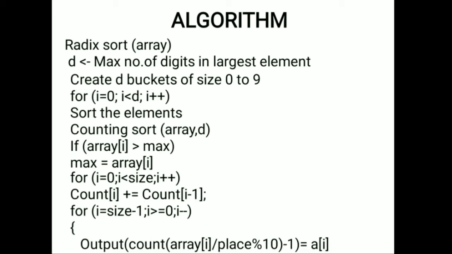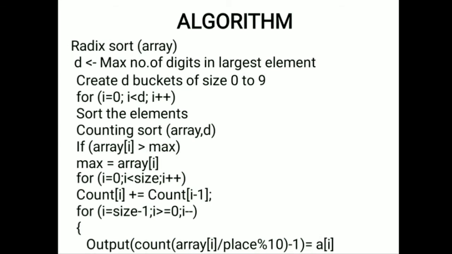from the ones, tens, hundreds, we have to move from right to left, so we have to decrease the size. That's why we use i equal to size minus 1, i greater than 0. For sorting, we have to know the digits of the units place, tens place and hundreds place.